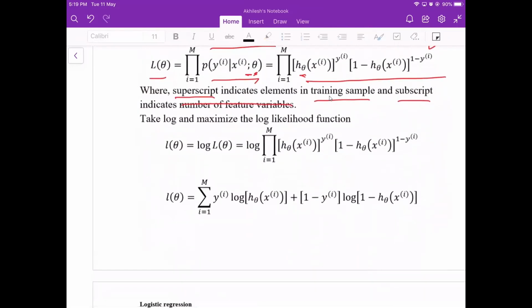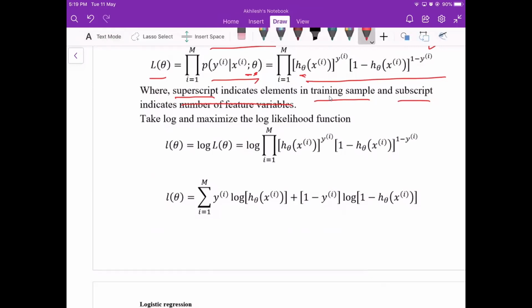Now let's define the log likelihood function. We have already seen the likelihood function. Now we'll take the log of the likelihood function. The likelihood is denoted by capital L and the log likelihood by a small l.